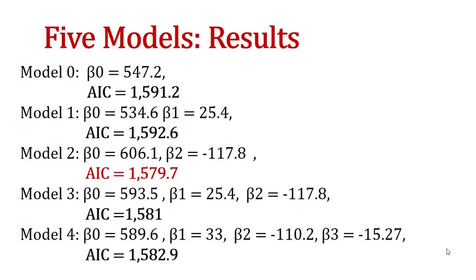Okay, so basically I did the analysis, and these are the best estimates for the parameters. Beta 0 is 547.2, which is the mean reaction time taking into account all the reaction time observations. In model 1 it is 531, and the effect of color is 25.4, so very small. And in model 2, beta 0 is 606 and the effect of match is minus 117.8.